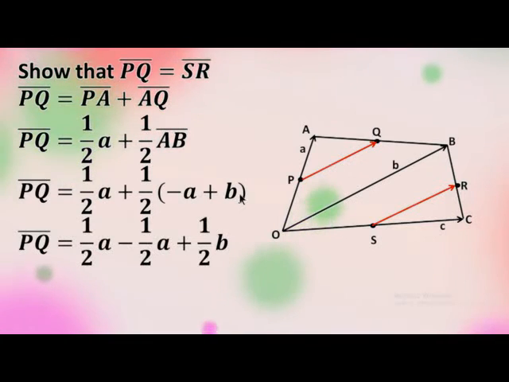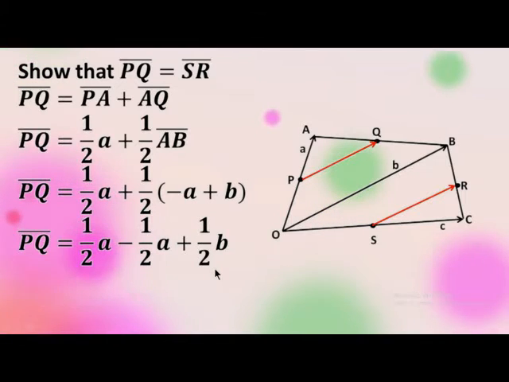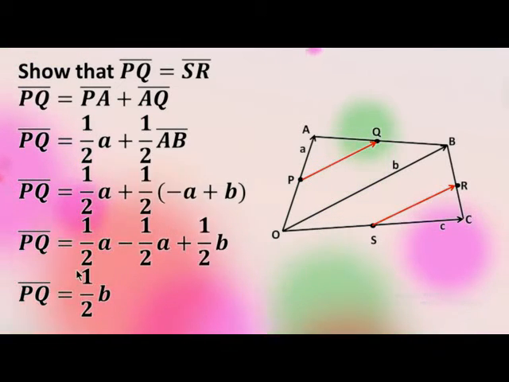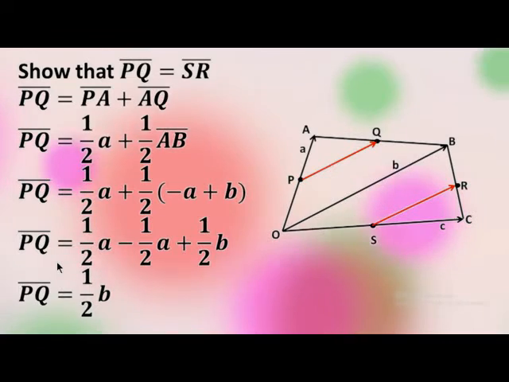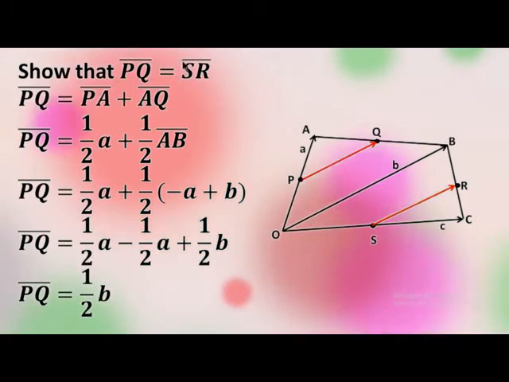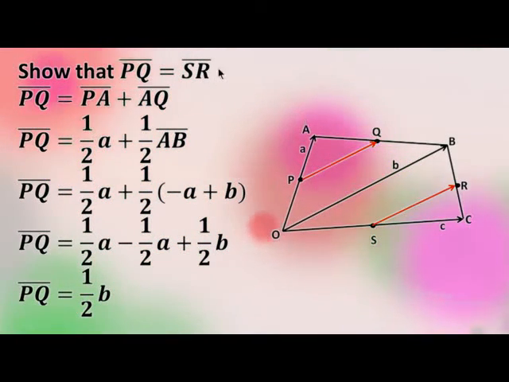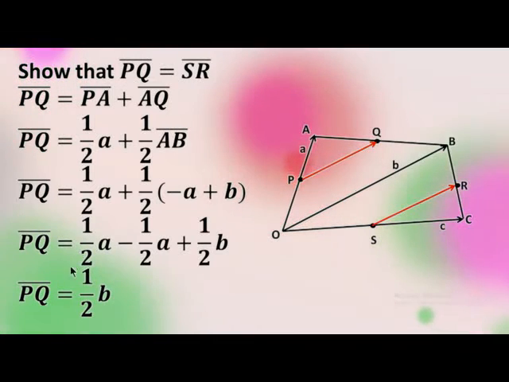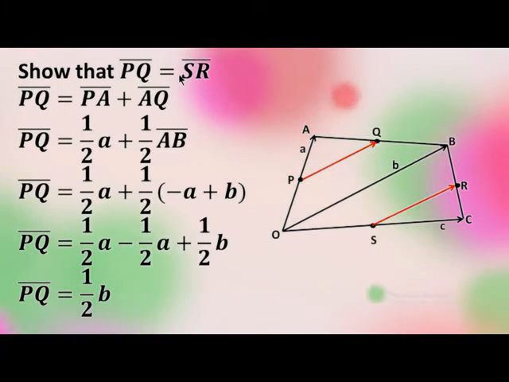You get that PQ equals half A minus half A plus half B. So PQ equals half B. Now we're going to prove that vector SR is also half of B, so PQ equals SR.